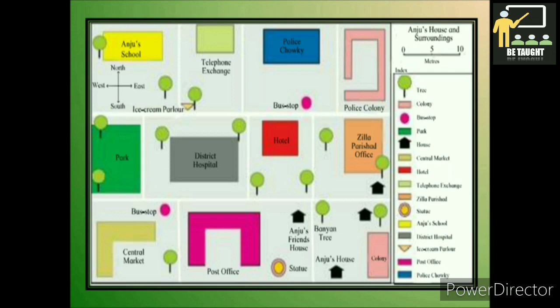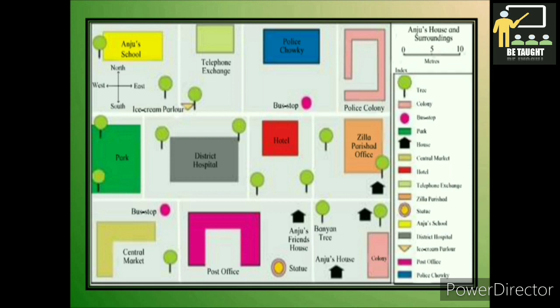You can see Anju's house, post office, park, etc. Using symbols, we have shown you the same picture. Now, such a picture is called a sketch. The actual picture and this is the same location, only this is in the form of symbols.